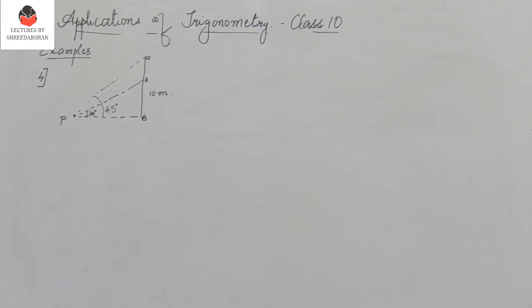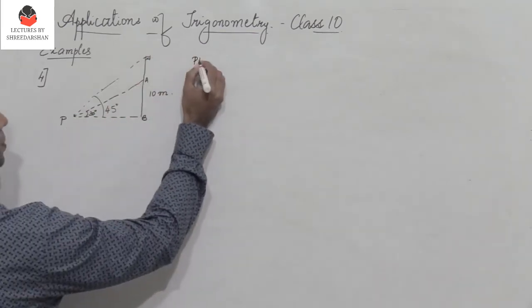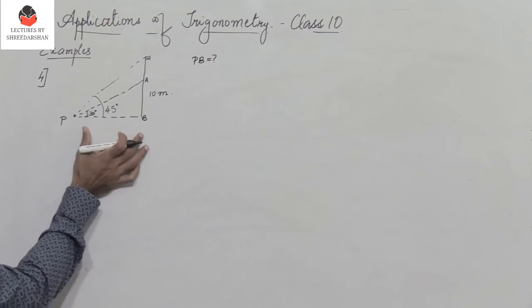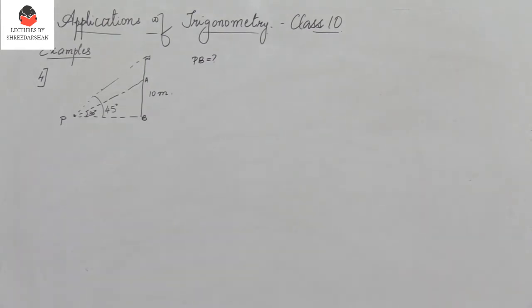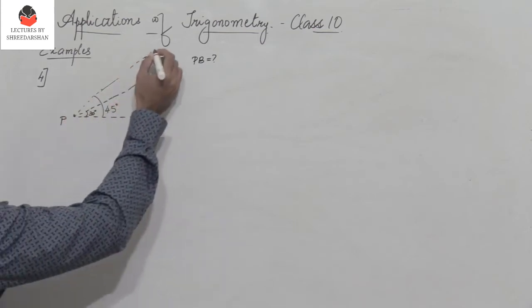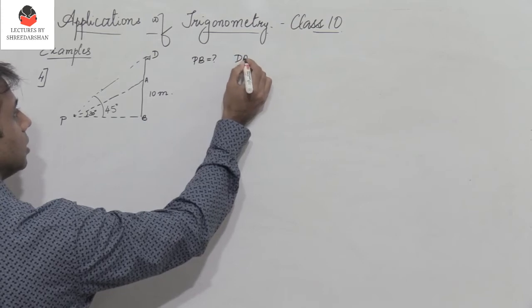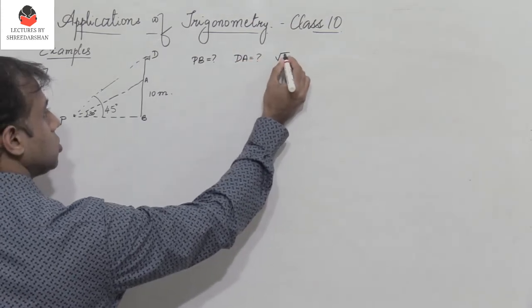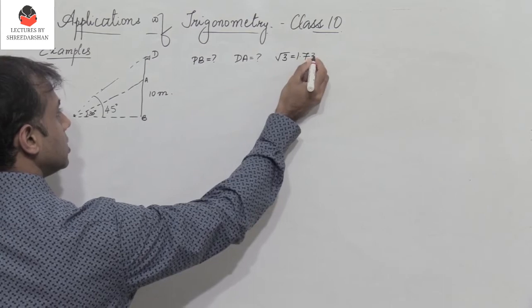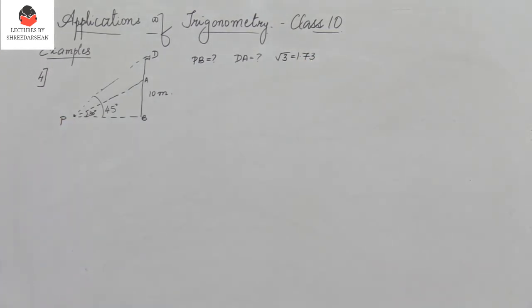Now we need to find the length of the flag post and the distance of the building from P. So we need to find PB, which is the distance of the building from the point P, and I also need to find the length of the flag post. Let me call this point D. So I also need to find DA. And we need to assume that root 3 equals 1.73. With these assumptions, let us try to proceed.